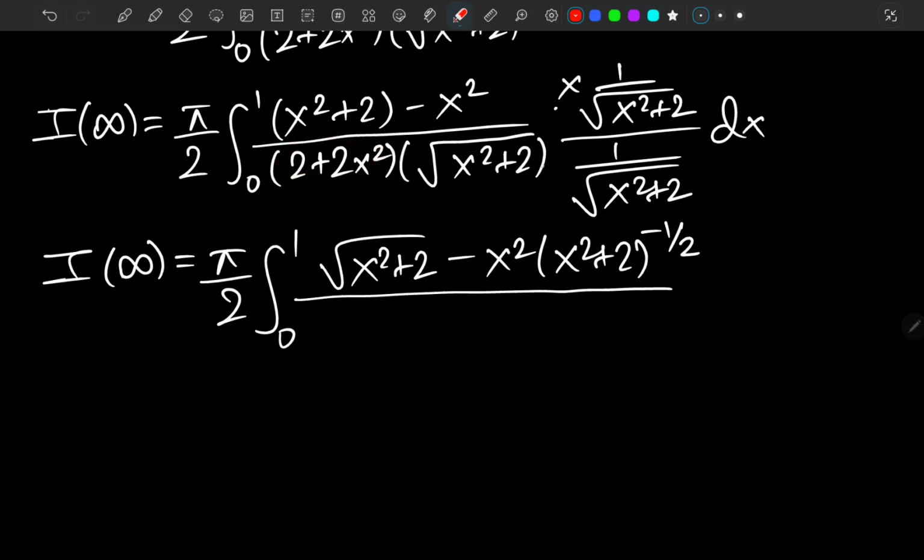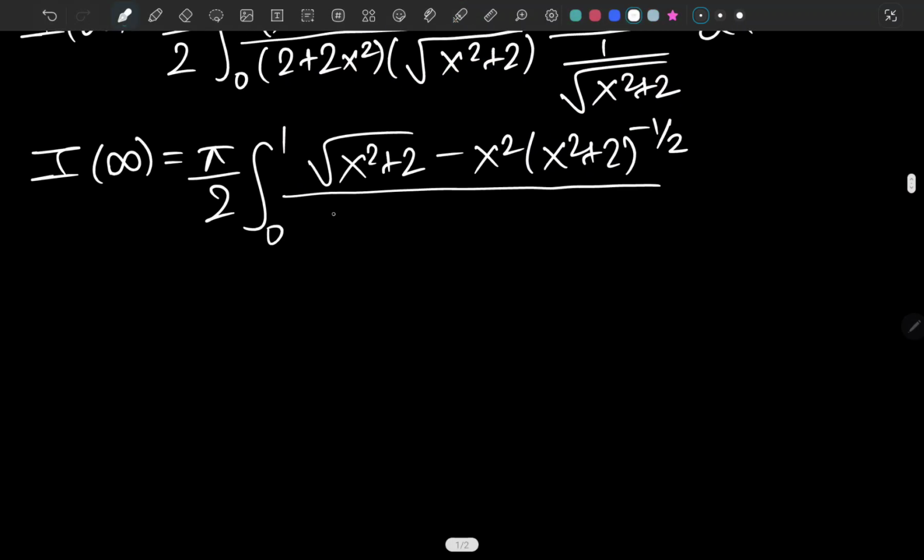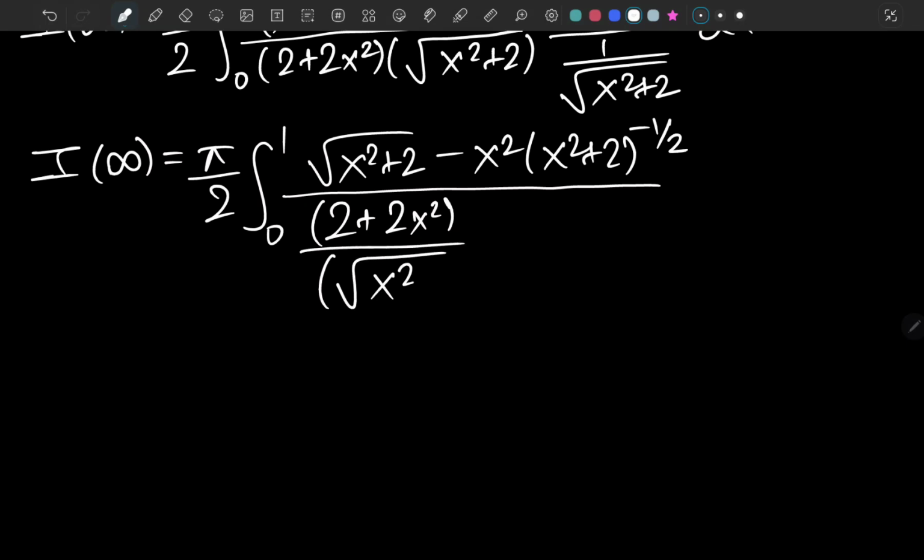This thing is being multiplied to each other, so we don't have to divide it by twice here, right? So eventually we're going to have 2 plus 2x squared over square root of x squared plus 2 times square root of x squared plus 2.